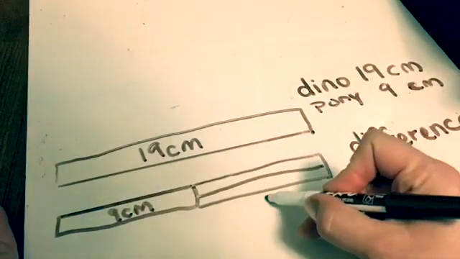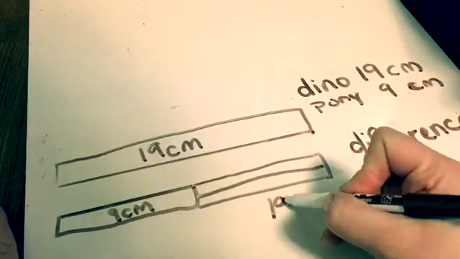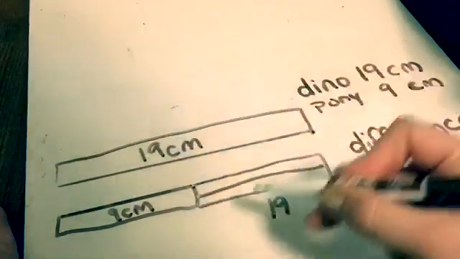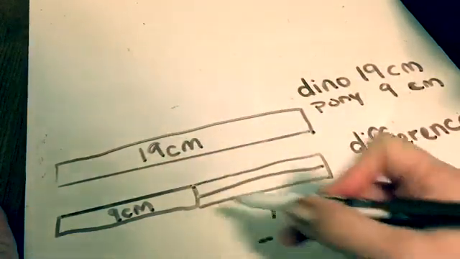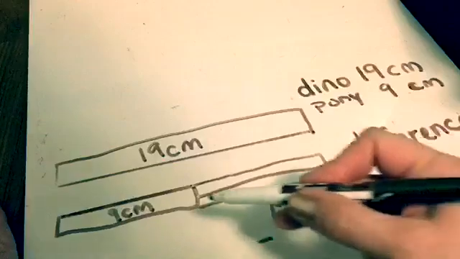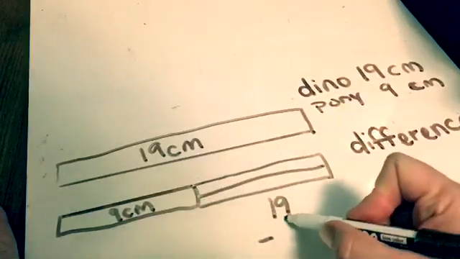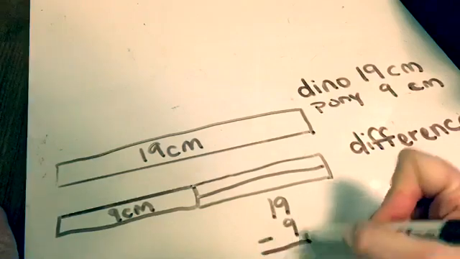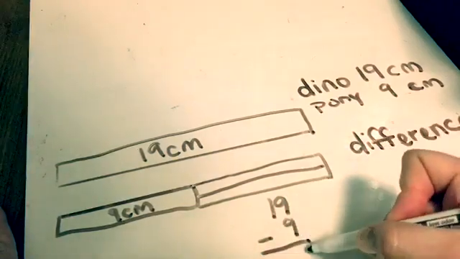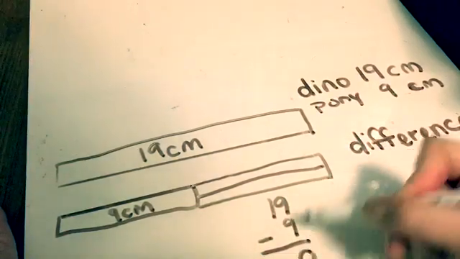So I am going to do 19, that's this total, and if I take away these 9 centimeters, that's going to give me this amount right here, and that's going to tell me what my answer is. Okay, so 9 minus 9 is 0.